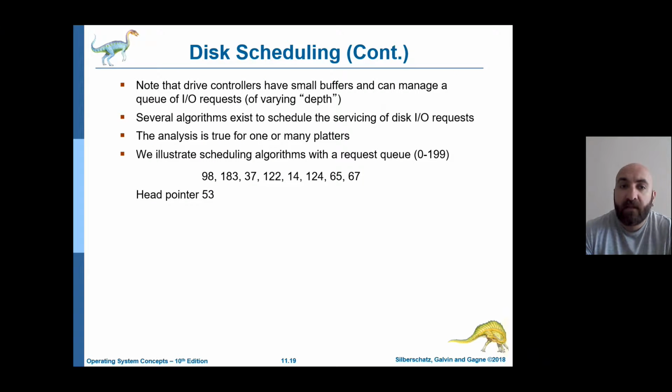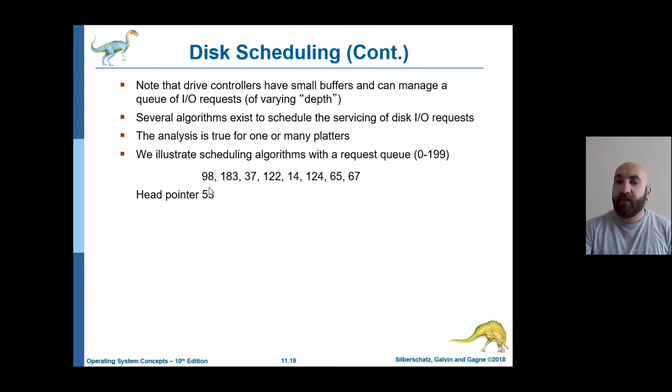Please note that drive controllers have small buffers and can manage a queue of I/O requests. Several algorithms exist to schedule the servicing of disk I/O requests. We are going to illustrate some scheduling algorithms with a request queue over the range 0 to 199. In this case, we're assuming our borders, our range, is from 0 to 199, and this is our request list.